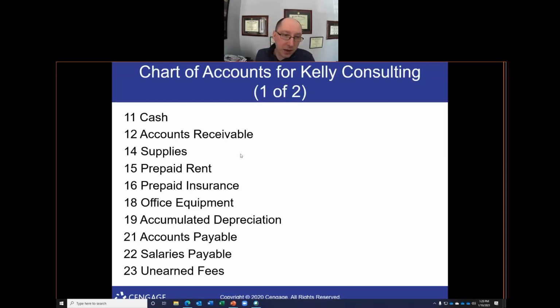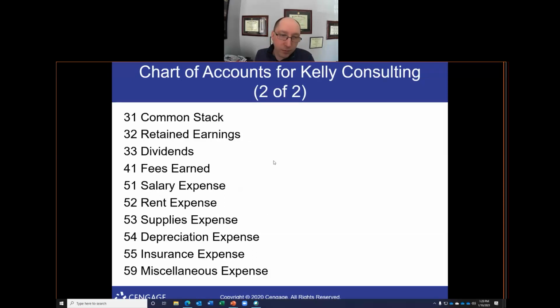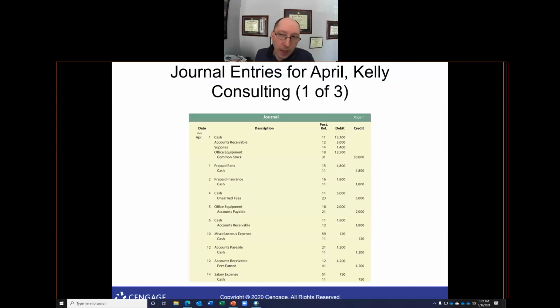You'll be able to see that, David, also throughout the book. And those reference numbers correspond with the reference numbers for each account throughout the general journal.